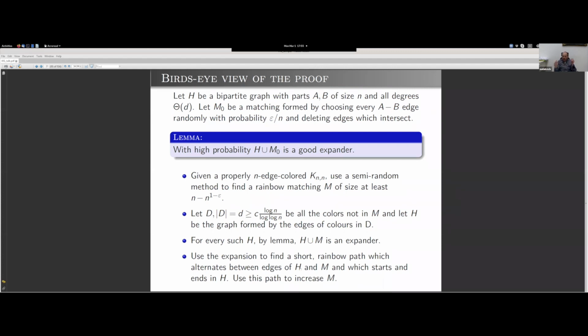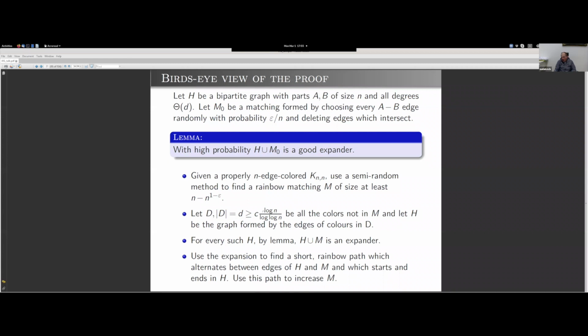Then obviously you can use this alternating path to switch edges of the matching to the edges of non-matching. And because the path was rainbow, this new object which you get would be a rainbow matching, which has size one bigger than M. And observe that you can continue to do this procedure as long as you have at least log n over log log n unused colors. That will give you a matching of size n minus a constant times n over log log n.